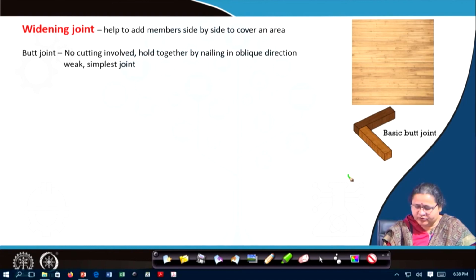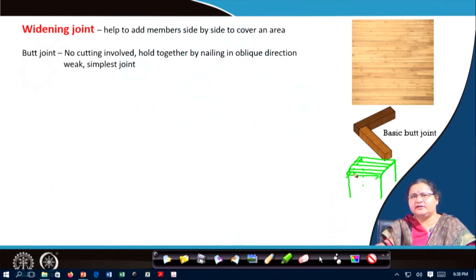If you have a support here and here, you can keep on placing members one after the other. If you have another support here and here, you can place wooden pieces or planks one after the other and you can create a surface or you can widen the joint.